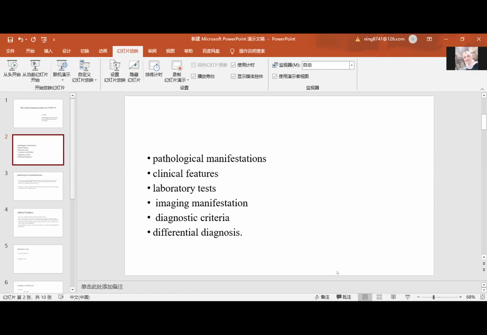With the onset of winter and the high incidence of respiratory disease, there is a very long way to go in the prevention and treatment of COVID-19. In the following time, I will focus on the key points of clinical diagnosis of COVID-19, including clinical features, laboratory tests, imaging manifestation, diagnostic criteria, and differential diagnosis.